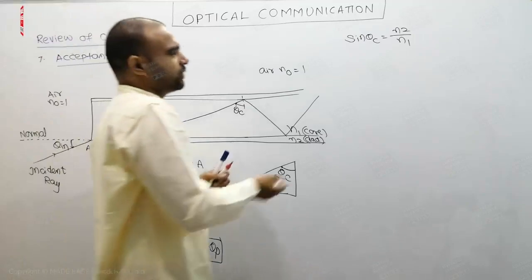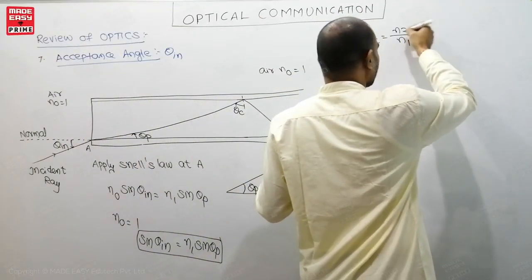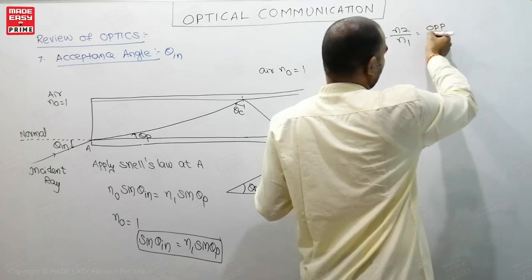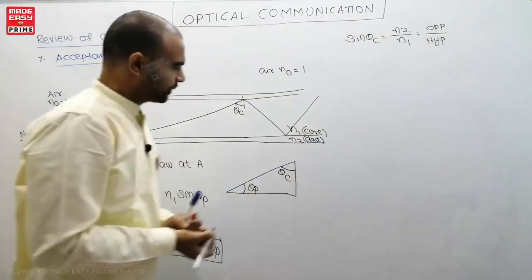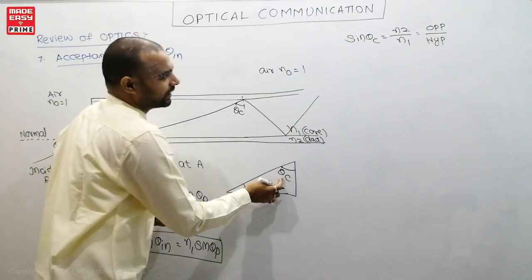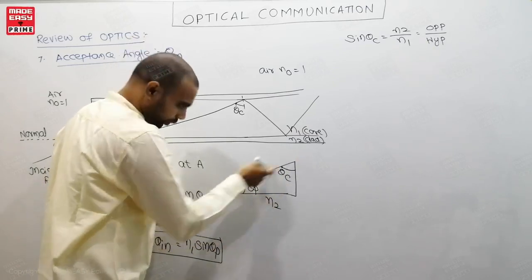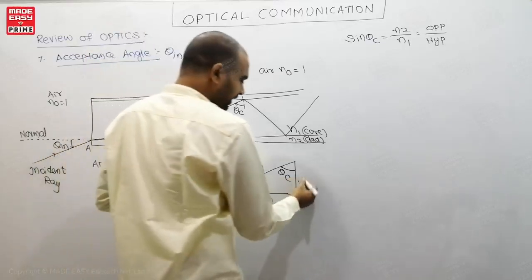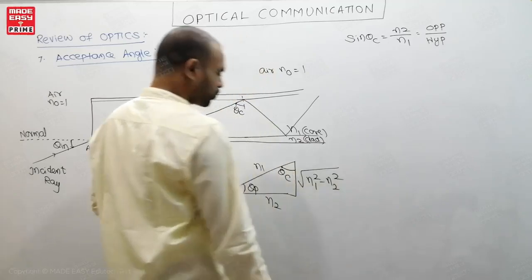So by this condition, n2 is the opposite side and n1 is the hypotenuse for theta c. Then the other side will be the square root of n1 square minus n2 square.